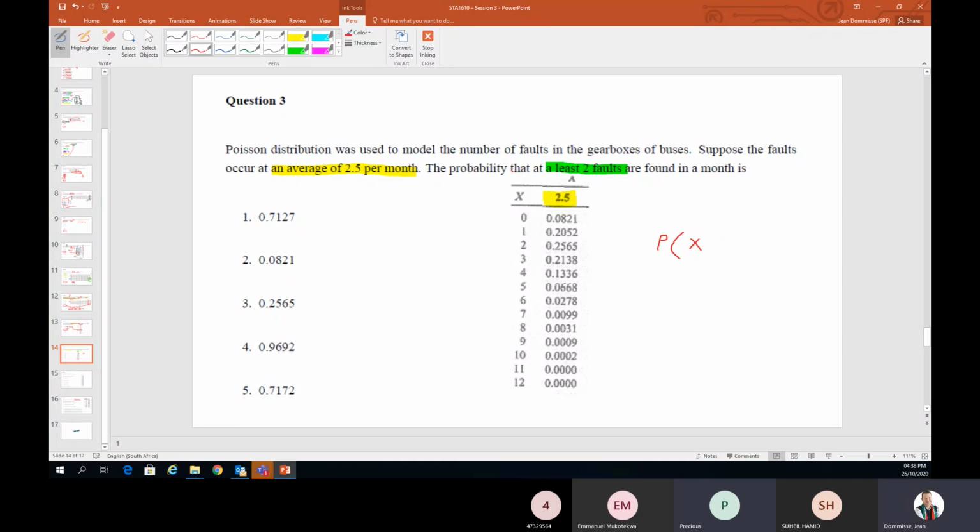Okay, so the probability that at least 2 is actually two or more. So at least 2 mistakes. If you make 3 mistakes, you had at least 2 mistakes.